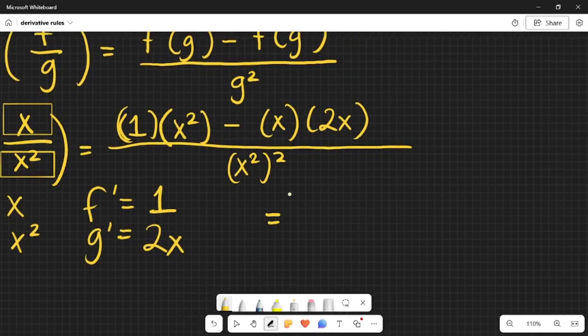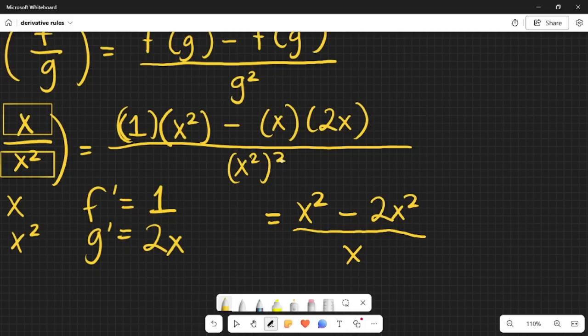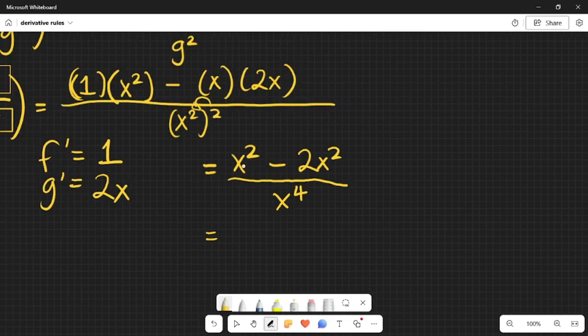Simplifying this, 1 times x squared is x squared. Negative x multiplied by 2x is negative 2x squared, and it would be over x. And when you have an exponent raised to an exponent, you just multiply. So it would be x raised to the 4th. Simplifying this further, x squared minus 2x squared would be negative x squared, because 1 minus 2 is negative 1.